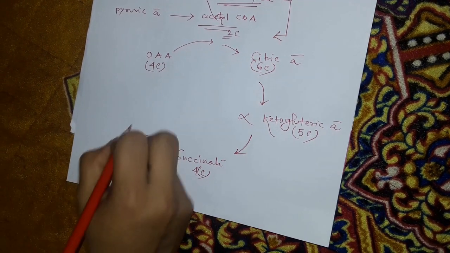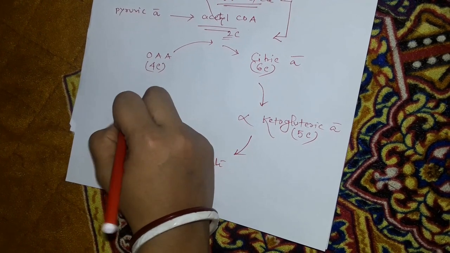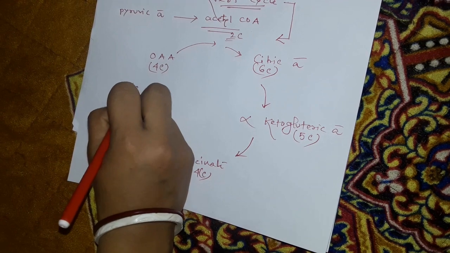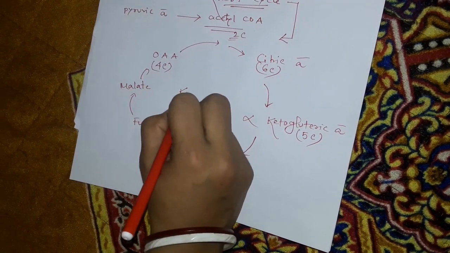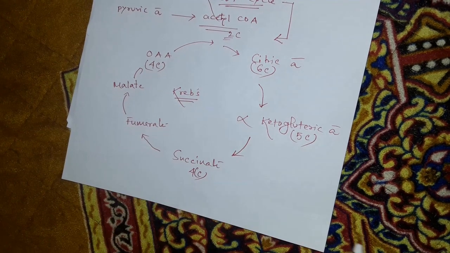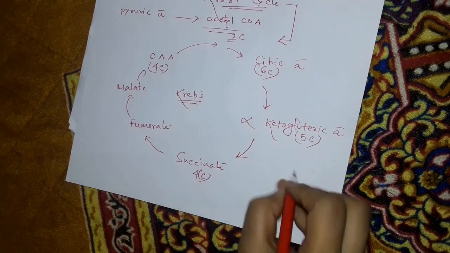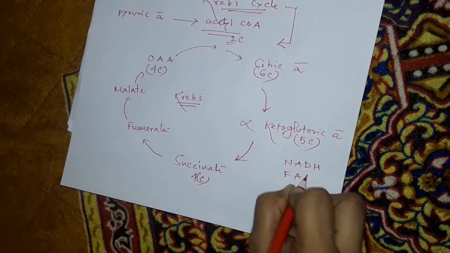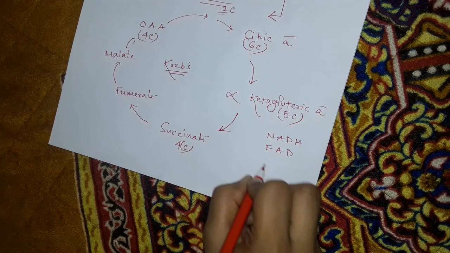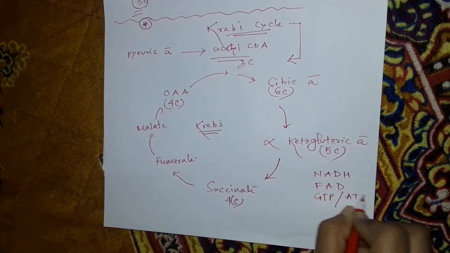Then it will form fumarate, fumaric acid. Then it will form malate, or malic acid. This is the Krebs cycle. It will release all the energy. How? From here we get many NADH and FADH2, and with this we get one GTP or ATP.